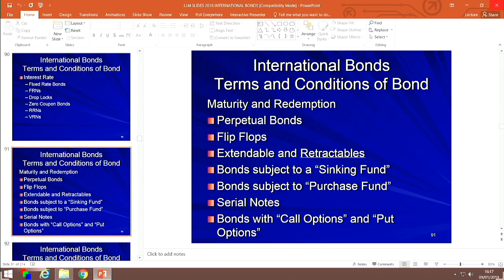In a serial note structure, the obligation of the issuer is to redeem at specified dates a specified percentage of each bond. So, year 5, 30% must be redeemed of each bond.